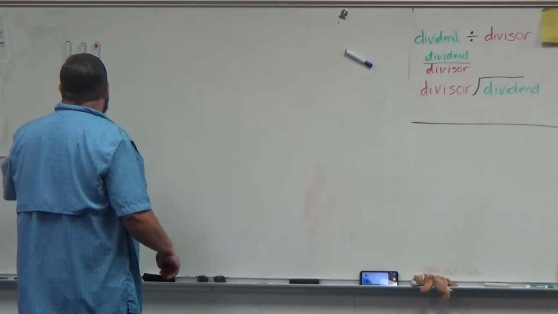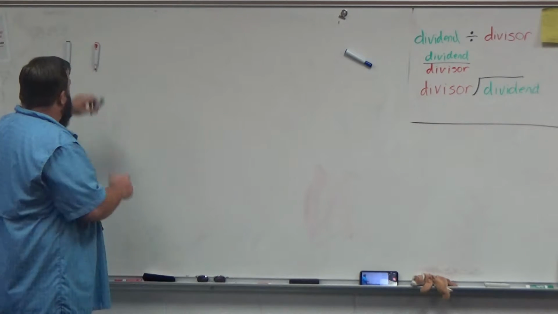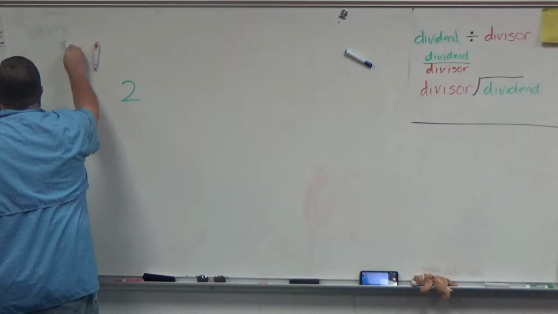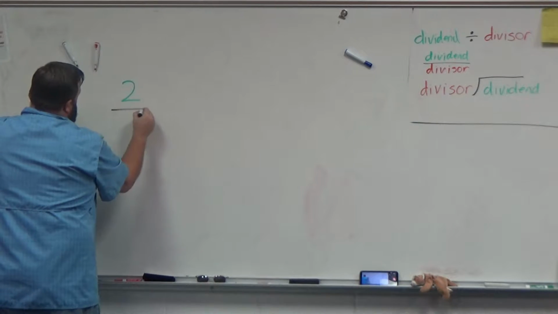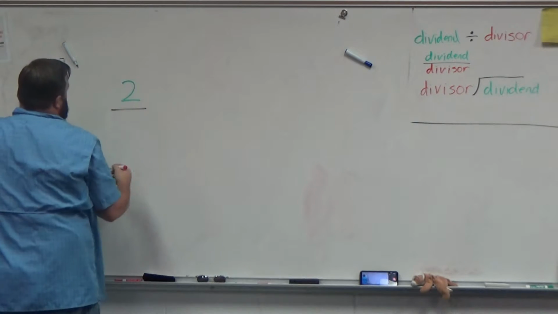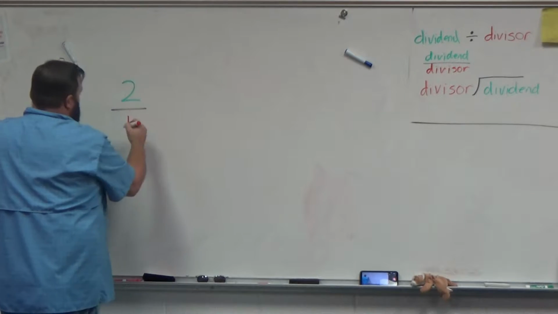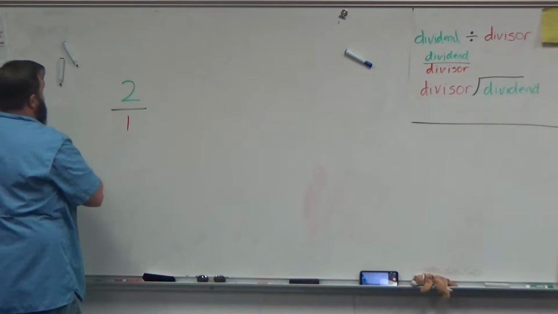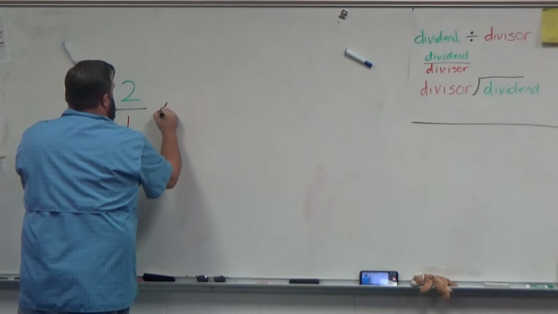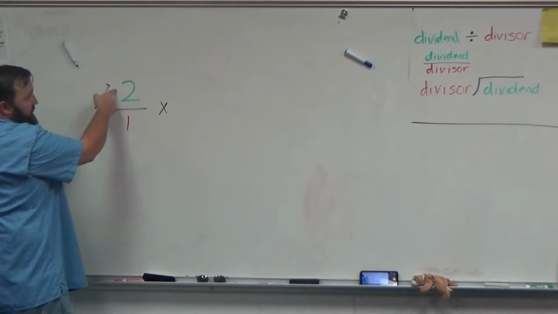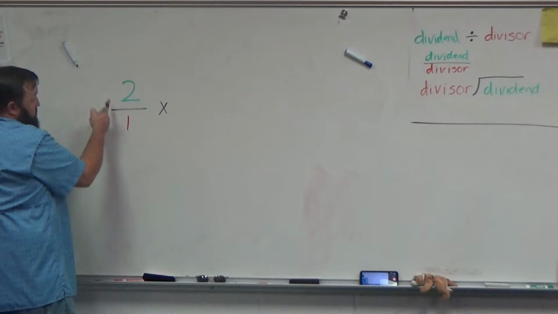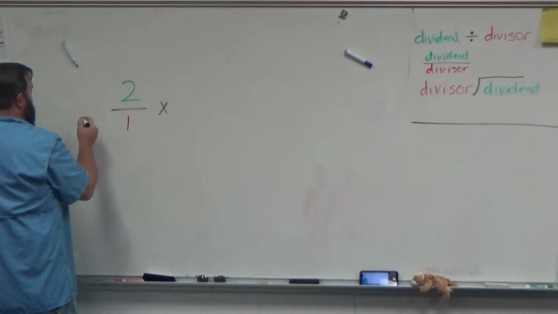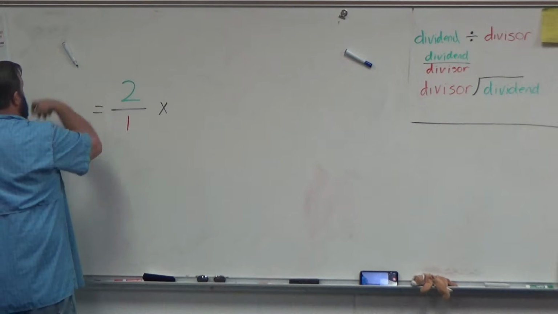So look at this problem, and I did this problem in class today. Let's say you have 2 divided by 1, or 2 over 1, so 2 would be our whole number. Because 2 is my dividend, 1 is my divisor, 2 divided by 1 gives me 2. So 2 over 1 is equal to the whole number 2.